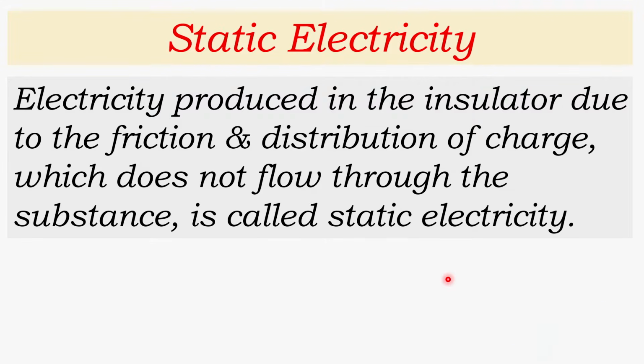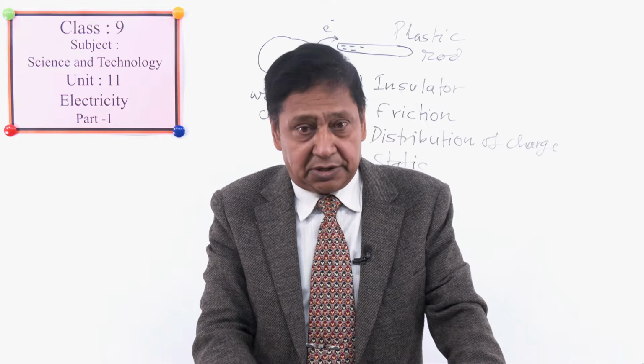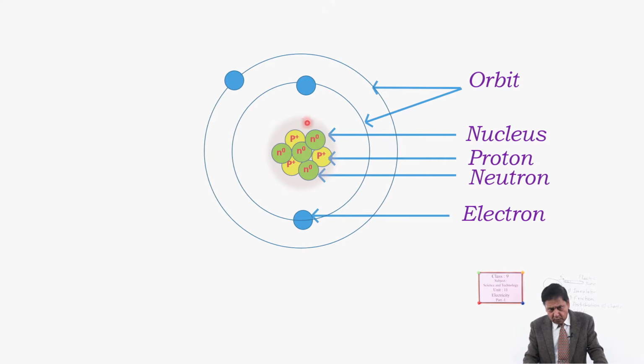Before this, I want to tell you again the atomic structure. Look at this. Here the whole proton and neutron, this central part, is represented by this nucleus. This nucleus means the whole proton and neutron contained in the central part.